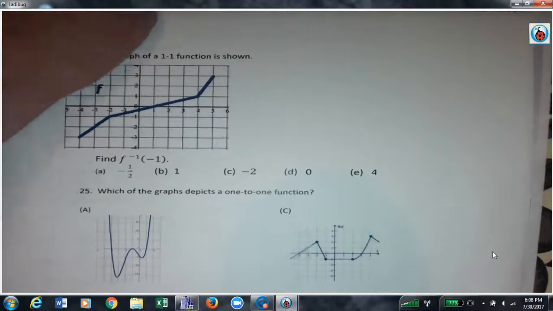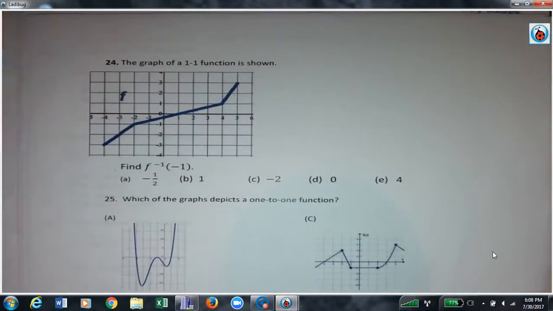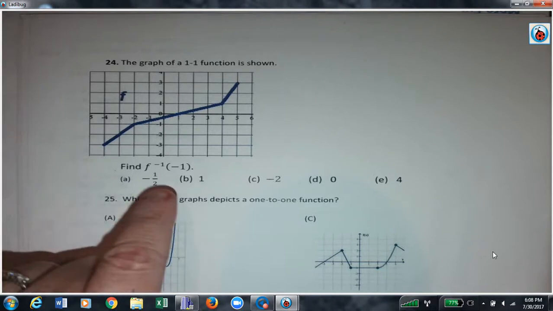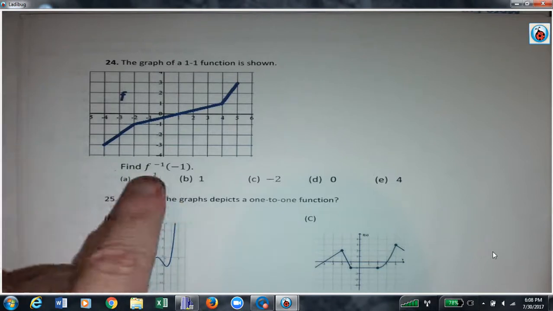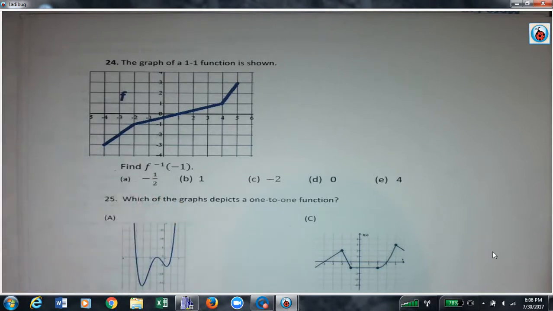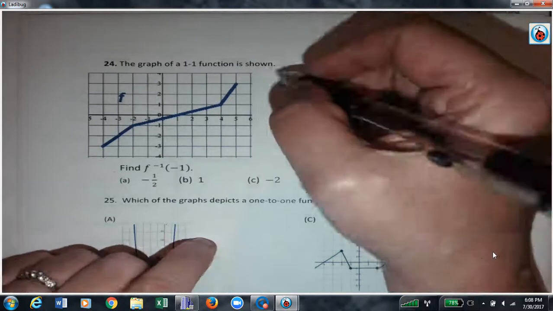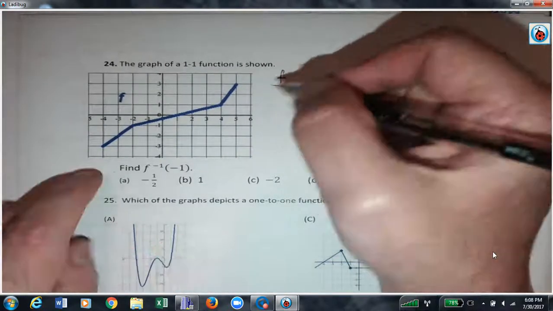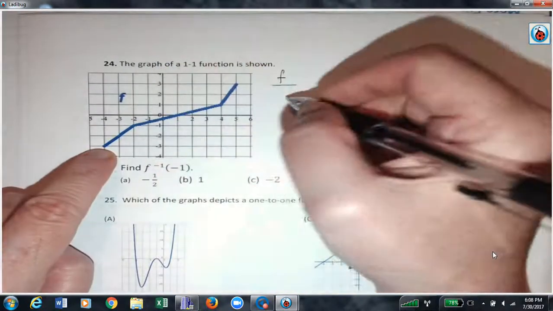Once again, this is the same question that we had before, except we have a graph now. So they don't want f of negative 1, they want f inverse evaluated at negative 1. Let's get some points on f that are easy to identify.